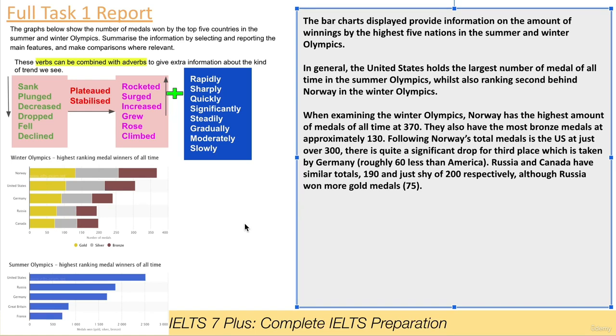Okay then, so now we're going to go into the Summer Olympics, and we want to highlight the difference that this time the United States is number one.